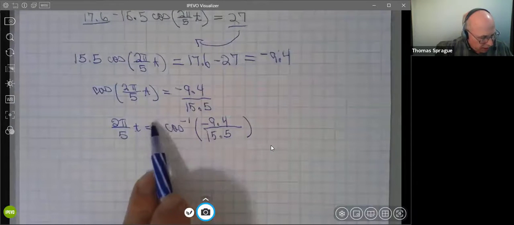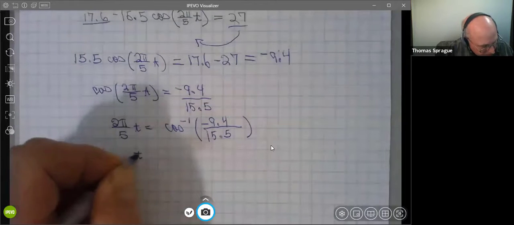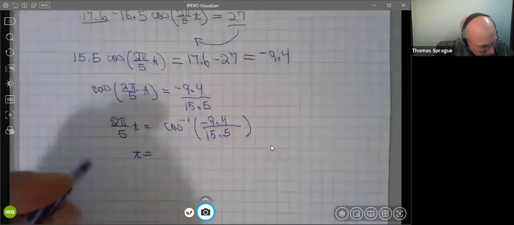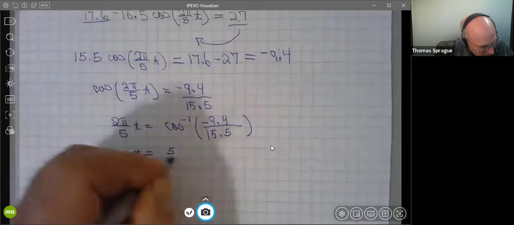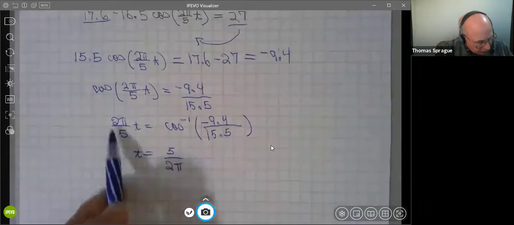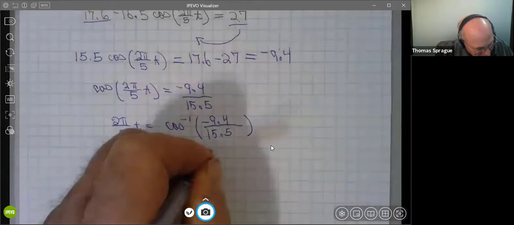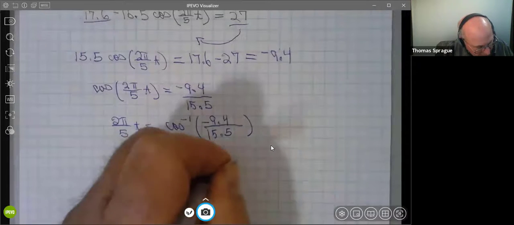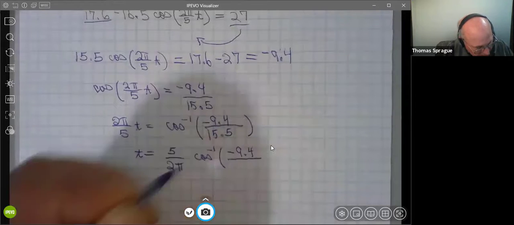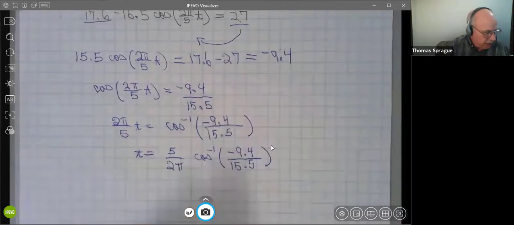And then I'll multiply each side by 5 and divide each side by 2 pi to get my answer. I said divide by pi, divide by 2 pi. So this does the algebra. And the arithmetic is kind of intense, but it's intended to be a calculator problem.